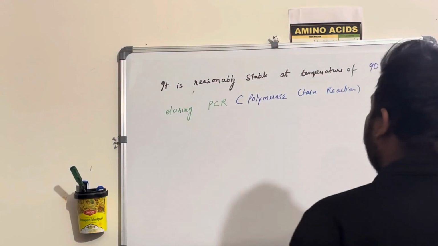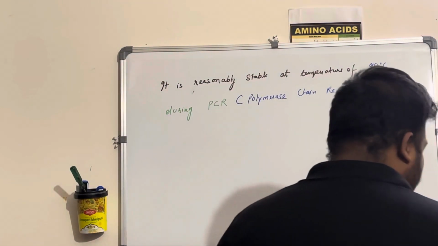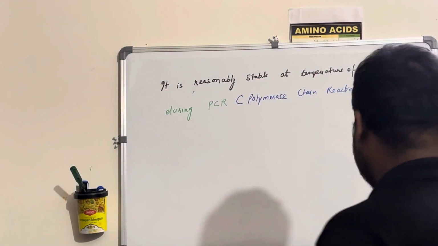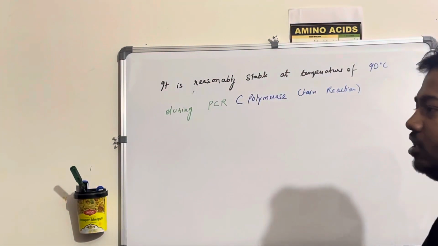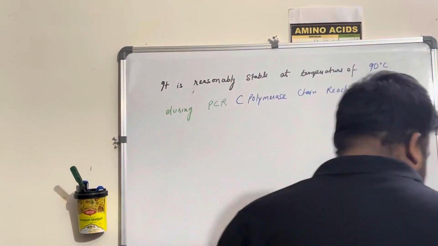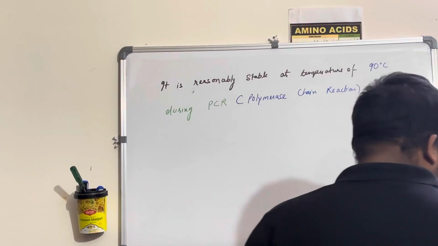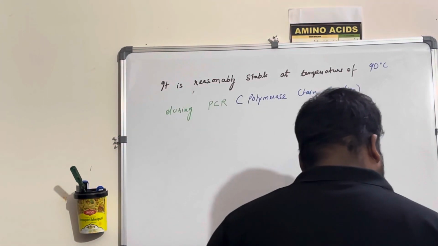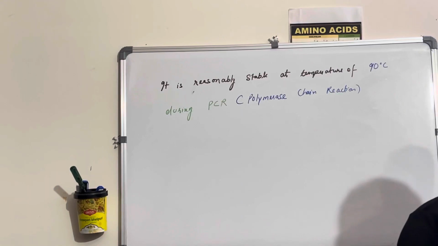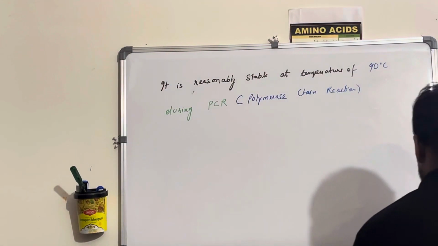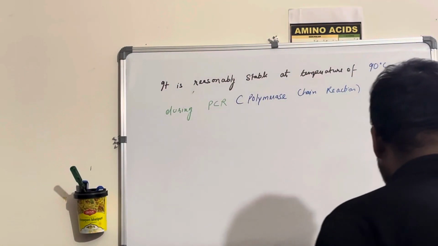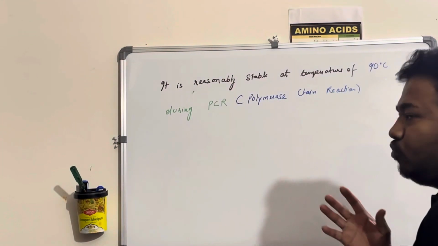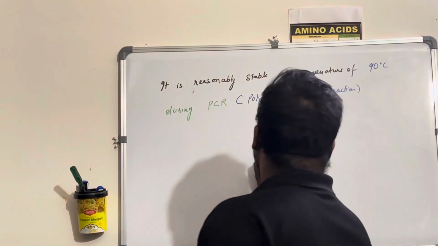Now we learn about the nucleases. What are nucleases? Endonucleases particularly cleave at a specific site of the DNA. And nucleases are the enzymes breaking the phosphodiester bond. What is the phosphodiester bond?